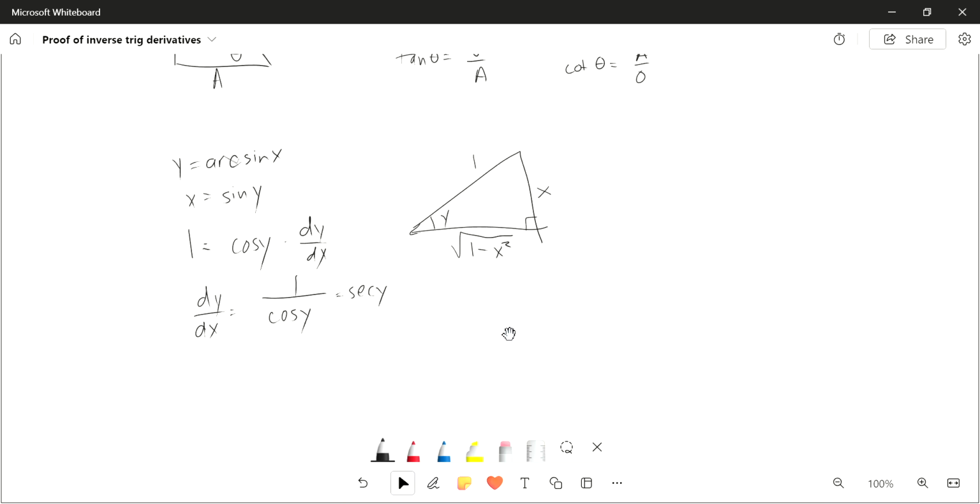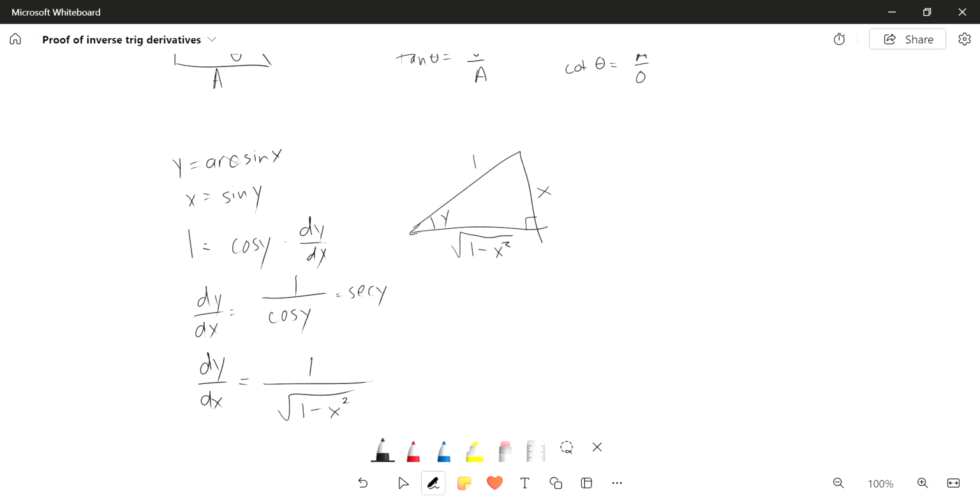So now secant of y is hypotenuse over adjacent, because it's the reciprocal of cosine. That means the derivative of sine inverse x is 1 over the square root of 1 minus x squared.